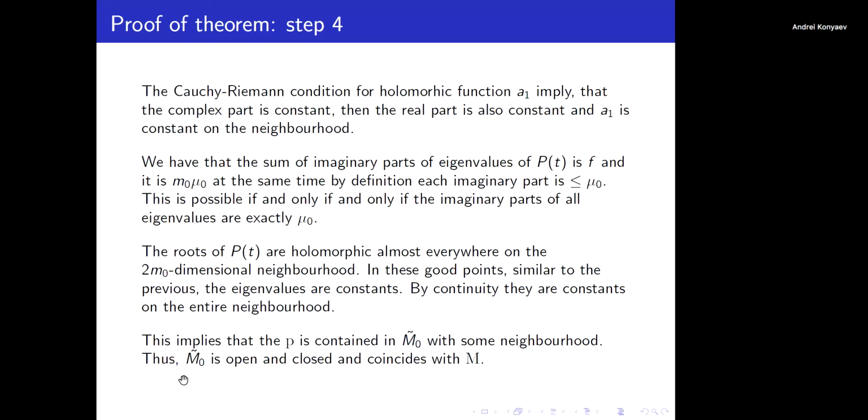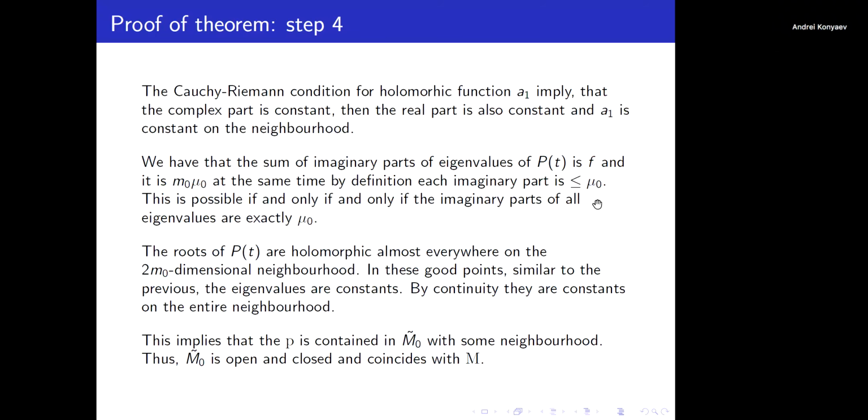At the same time, we know that the imaginary parts of some eigenvalues might drop and so on. Because we assume a neighborhood, we don't know what this neighborhood looks like. That is why we do not assume that we still live in M0 tilde, right? It's important. I should have said it earlier.